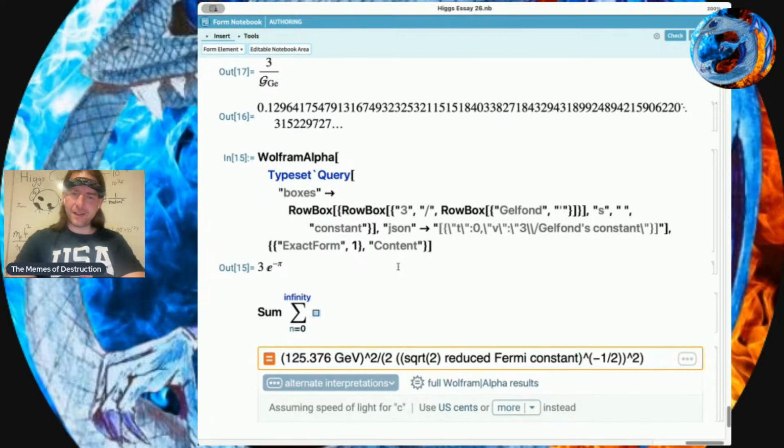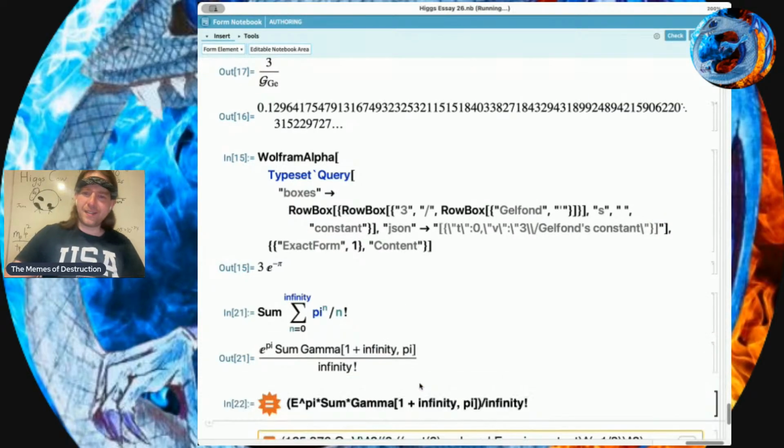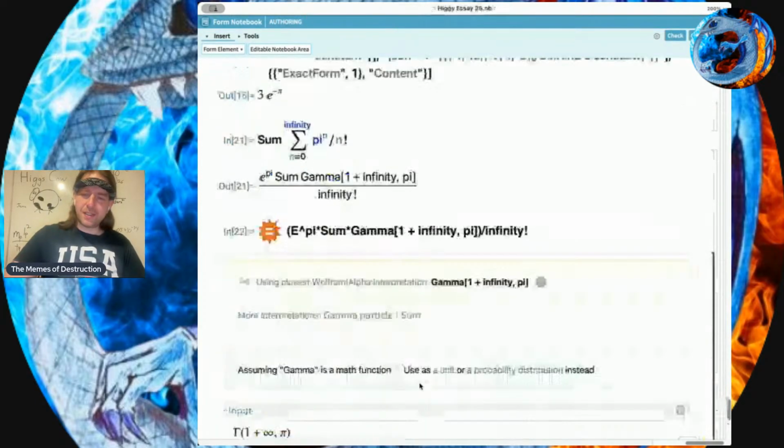Then we need, okay, raised to the n. And then n. That might be it. We get running, running, running.